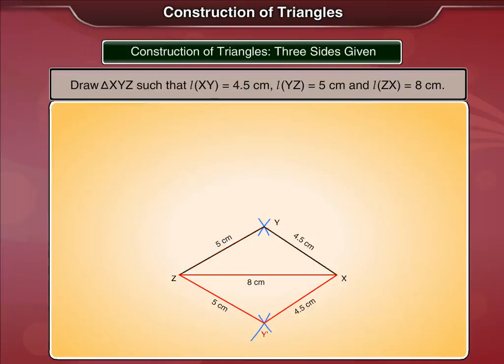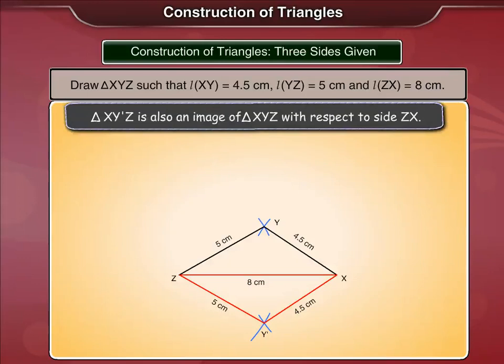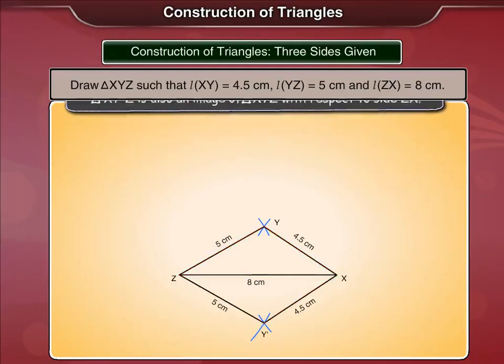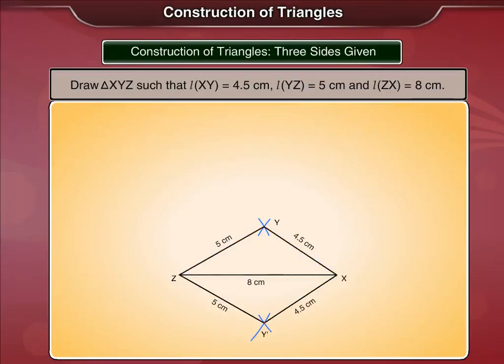Let's see. Taking X as the center and radius XZ, draw an arc. Now taking Y as the center and radius YZ, draw another arc intersecting the previous arc. Name the point of intersection as Z dash. Triangle XYZ dash is a symmetrical triangle to XYZ with respect to side XY.